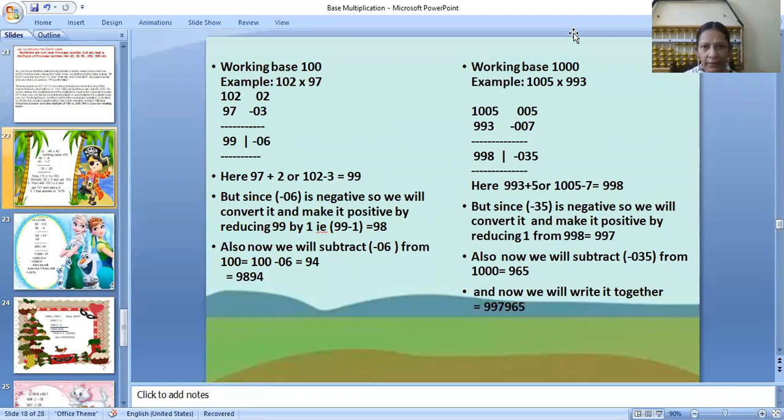Now, as you can see here, I'm going to explain how you can do this. In this question, I have already written that the working base is 100 and my question is 102 multiplied by 97.